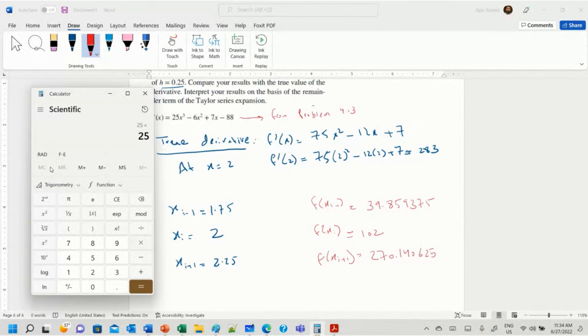So 25 times 2.25 cubed, minus 6 times 2.25 squared, plus 7 times 2.25.